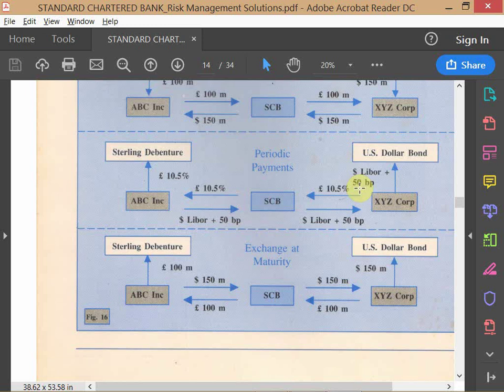Is my question clear? Net of the underlying position and the hedge position, what is their net cost of funding? You look at the middle panel on the right hand side. Is this right for you as well? On the right hand side, in the middle panel, you look at XYZ Corp's underlying position and hedge position, then you tell me what is their net cost of funding in what currency, whatever.